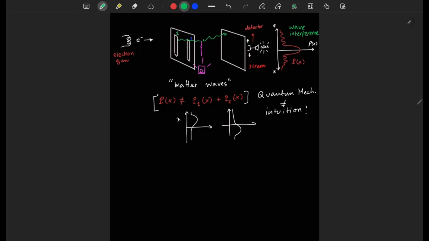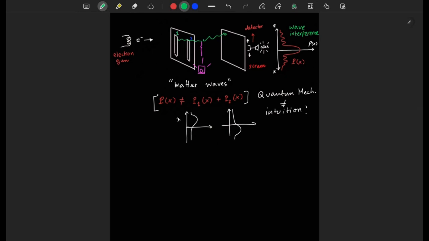So if we see a scattering event near slit 1, then we know that electron came out of slit 1. If we see a scattering event near slit 2, then we know for sure the electron emerged out of slit 2. Then what would be the probability distributions?